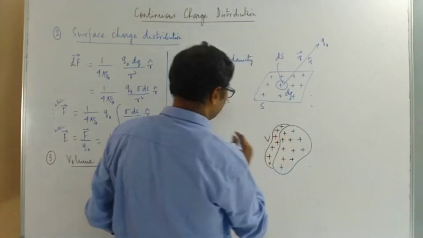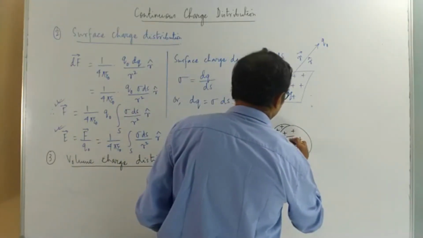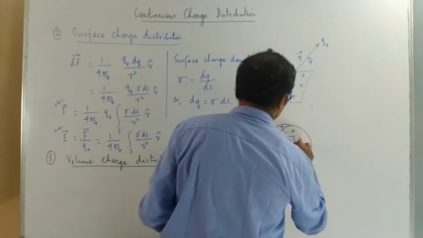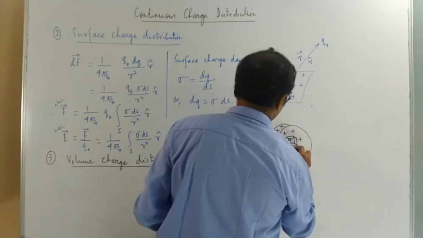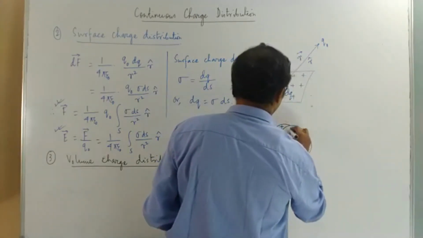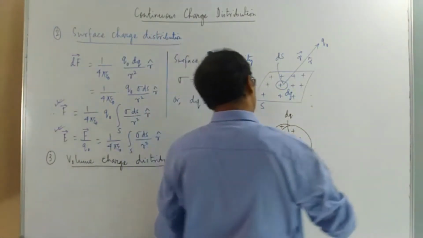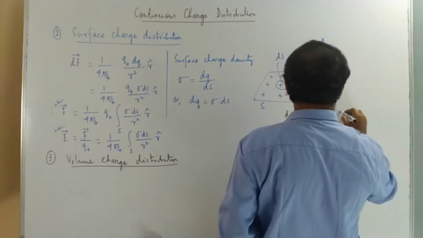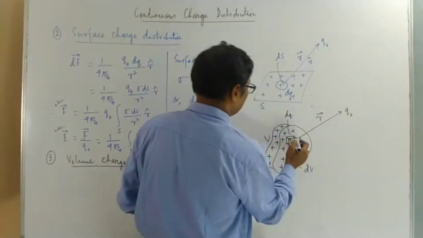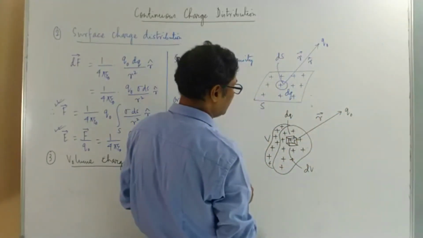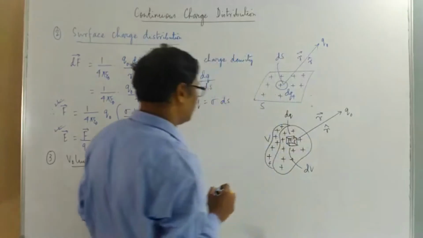Let this volume be represented by V. I need to consider a small element dV within this volume, and this dV contains dq amount of charge. I want to find out the force experienced by Q0, which is at a distance r due to this volume element dV. I also consider unit vector r cap in this direction.